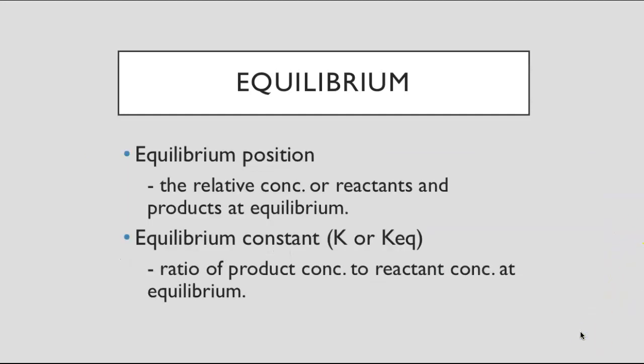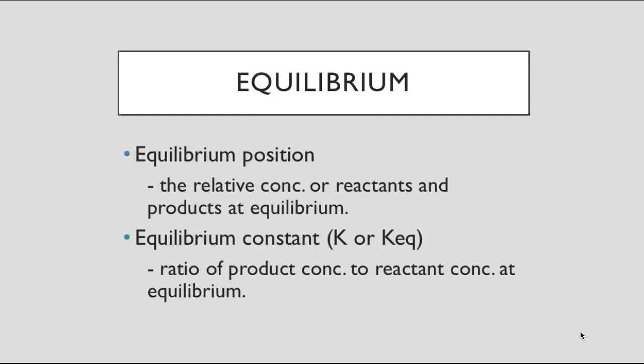So we are going to look then at what's called an equilibrium position. Now, the equilibrium position is just the concentration of reactants and products at equilibrium. Some rates will become equal when you have equal amounts of reactants and products.